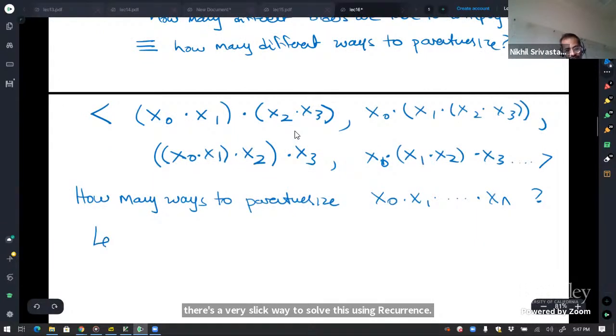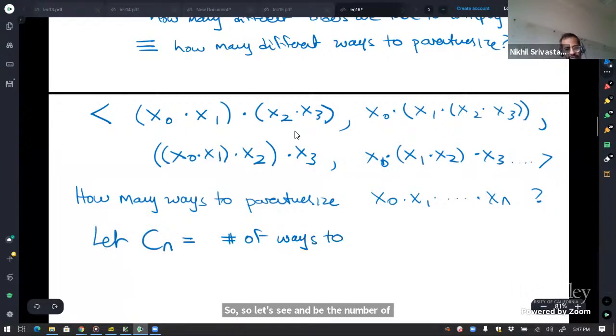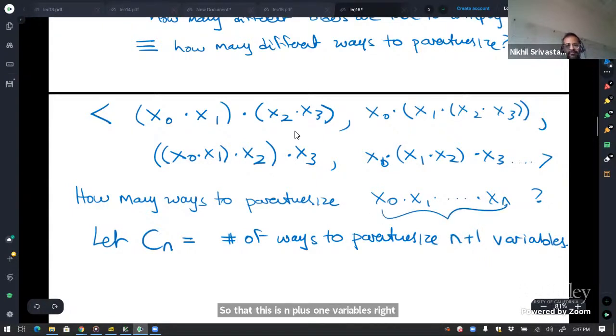So let Cn be the number of ways to parenthesize n plus 1 variables. So this is n plus 1 variables, right?